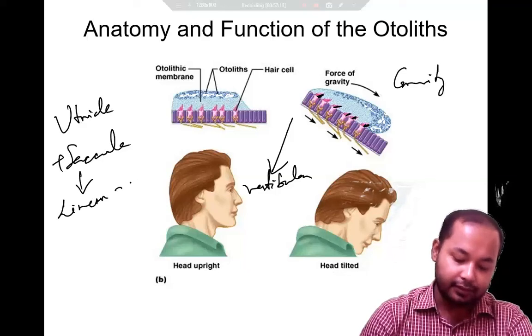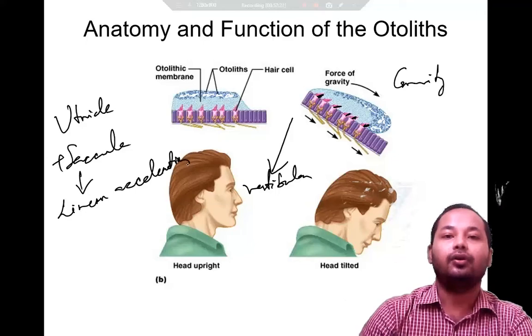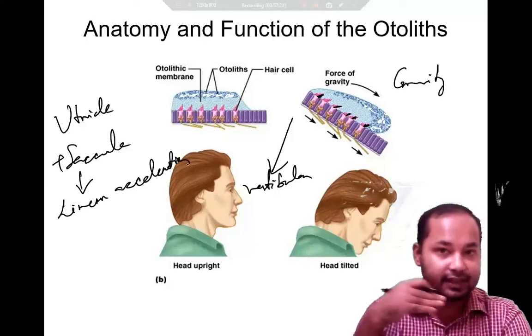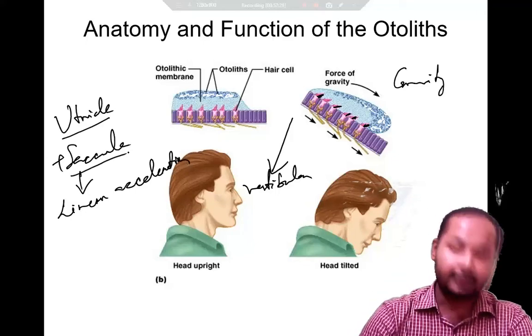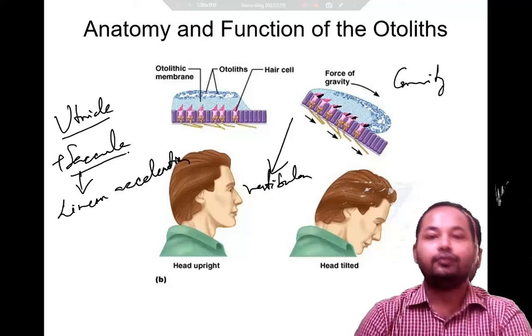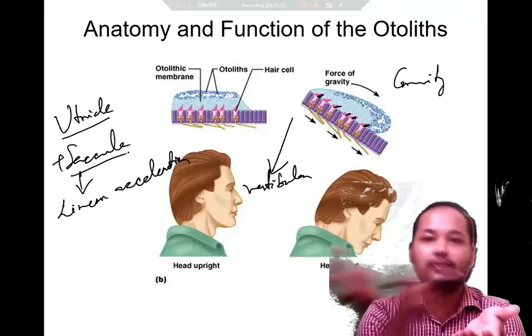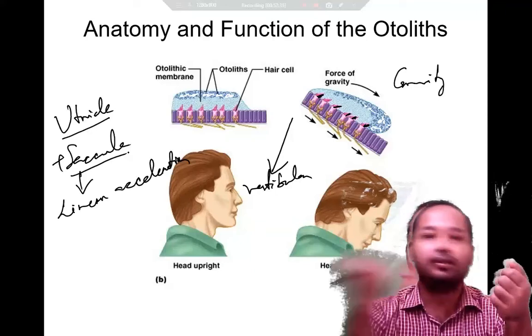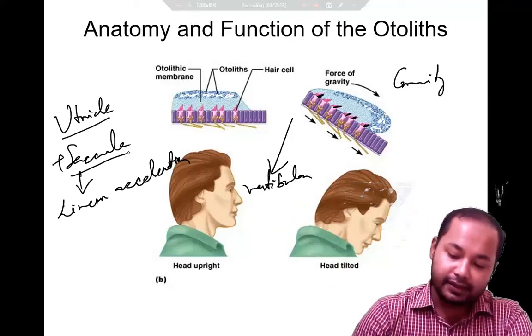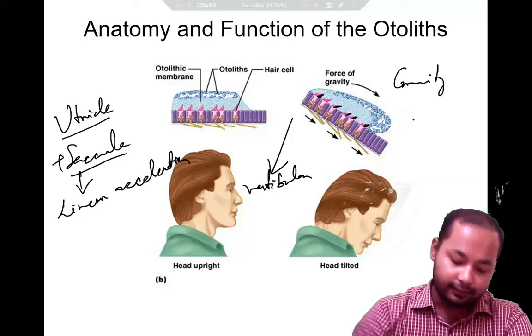Please remember that moving in a speeding car or moving fast is sensed by the utricle and saccule. But when you are holding hands with each other and making a merry-go-round, moving very fast in a circular manner, that is sensed by the semicircular canal.